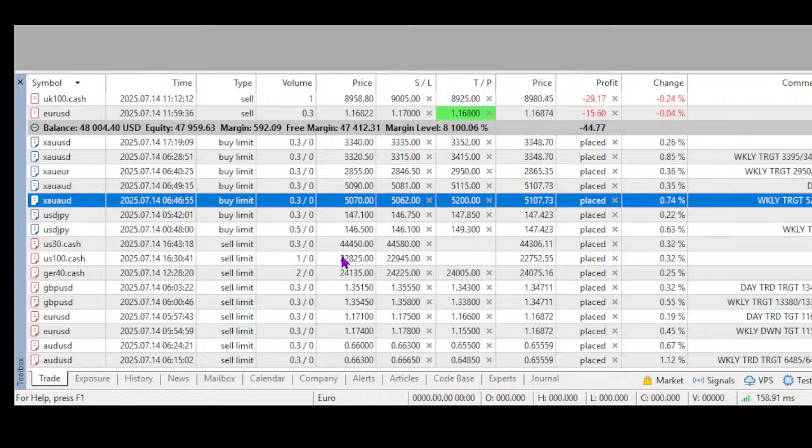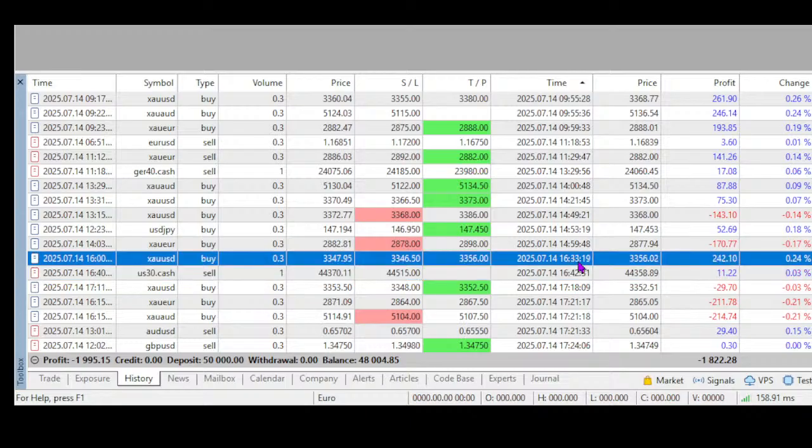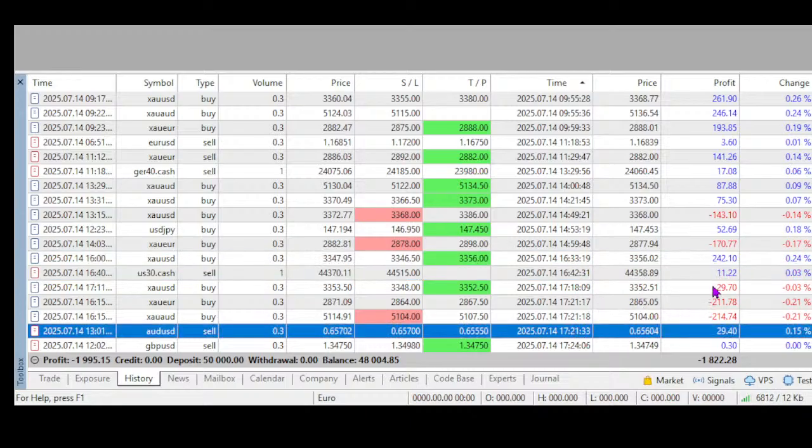Until then, I think we don't want to chase the market and try to get in. So I think that's about it for tonight. I think we are still okay. We just managed to lose about 200 over dollars.